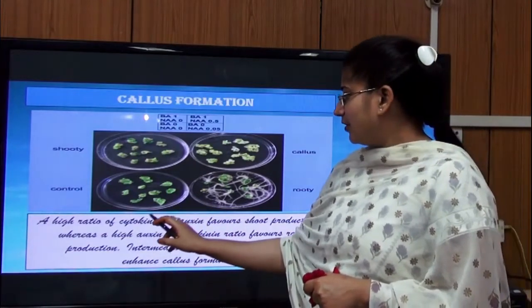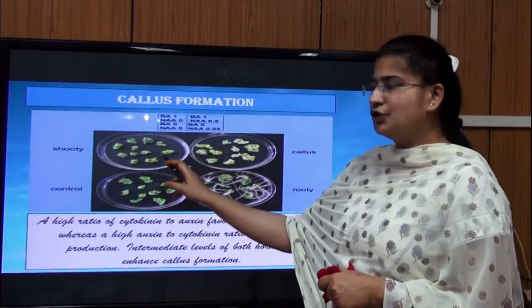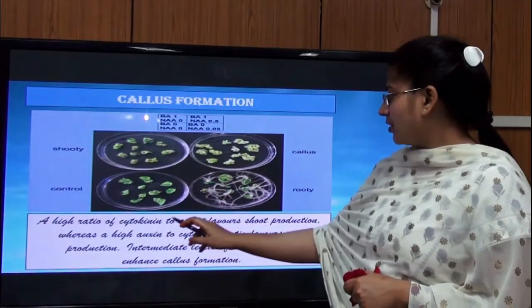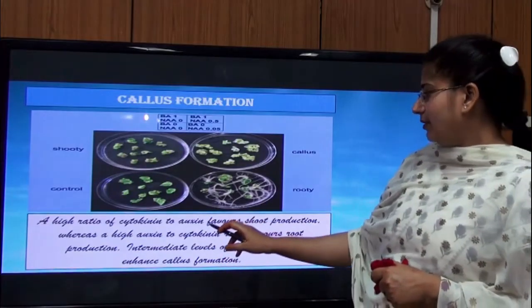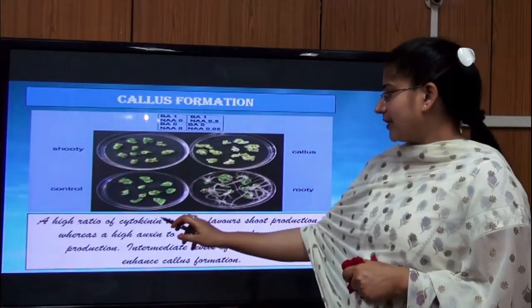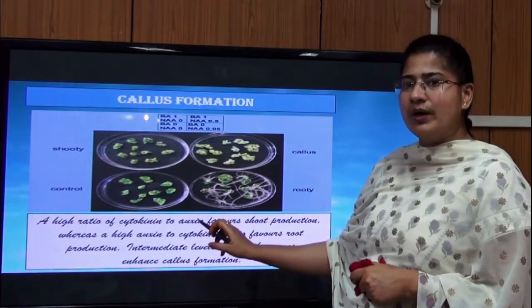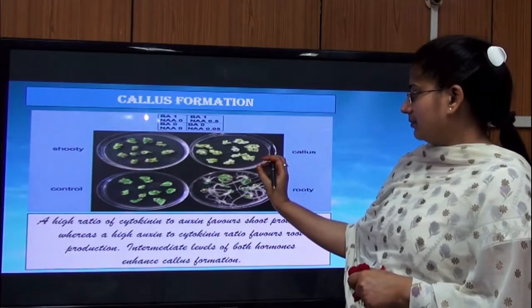So if the ratio of cytokinin to auxin is high, then there will be formation of shoot. If the ratio of cytokinin to auxin is low, then it will lead to the formation of rooty callus. And if the ratio of cytokinin to auxin is equal to 1, then there will be formation of normal callus.